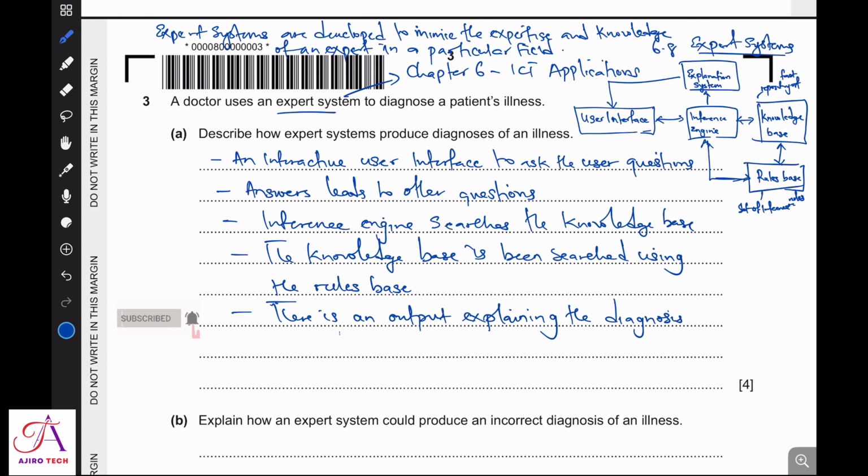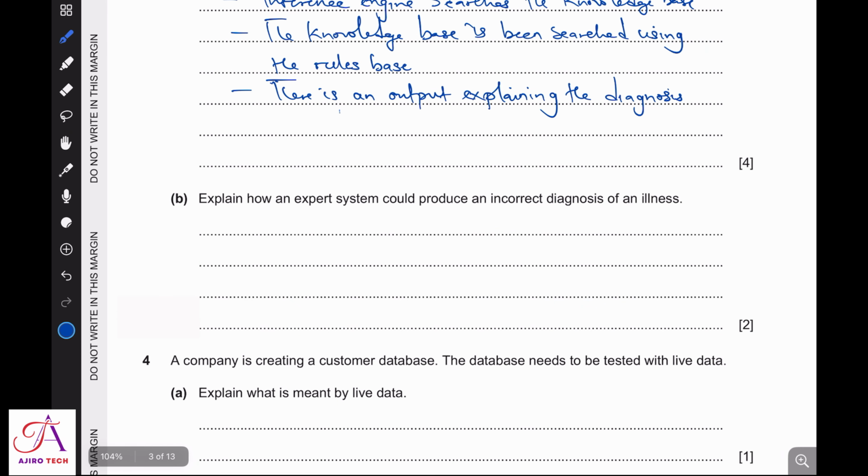All right. The next one is, explain how an expert system could produce an incorrect diagnosis of an illness. Now, listen to this. It's important for you to know the advantages and disadvantages of expert systems.